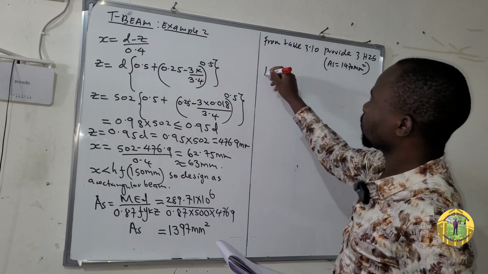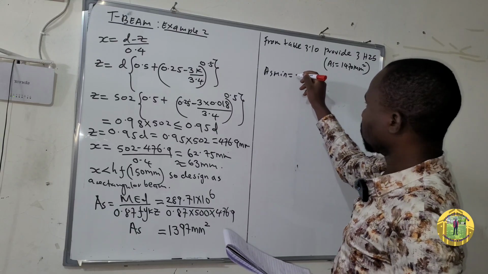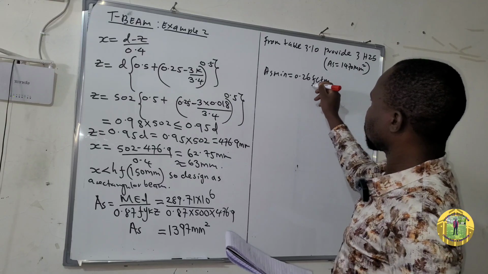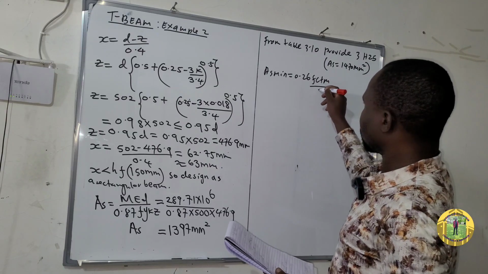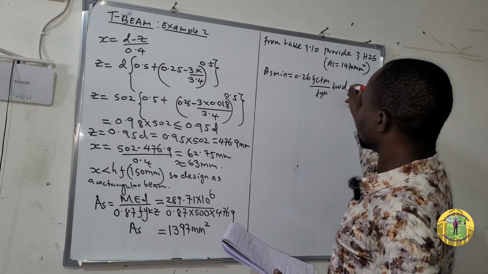And then after this we check the reinforcement percentages. So we have AS min, which is equal to 0.26 FCTM over FYK BWD.